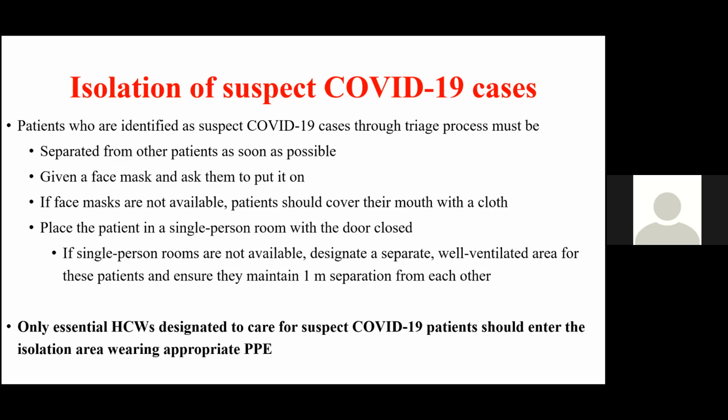Meaning that when they are suspect, they have to be triaged again and then separated accordingly. They have to be given a mask, as I said, and they have to put it on. If masks are not available, they may even cover their mouth with some cloths or tissues.